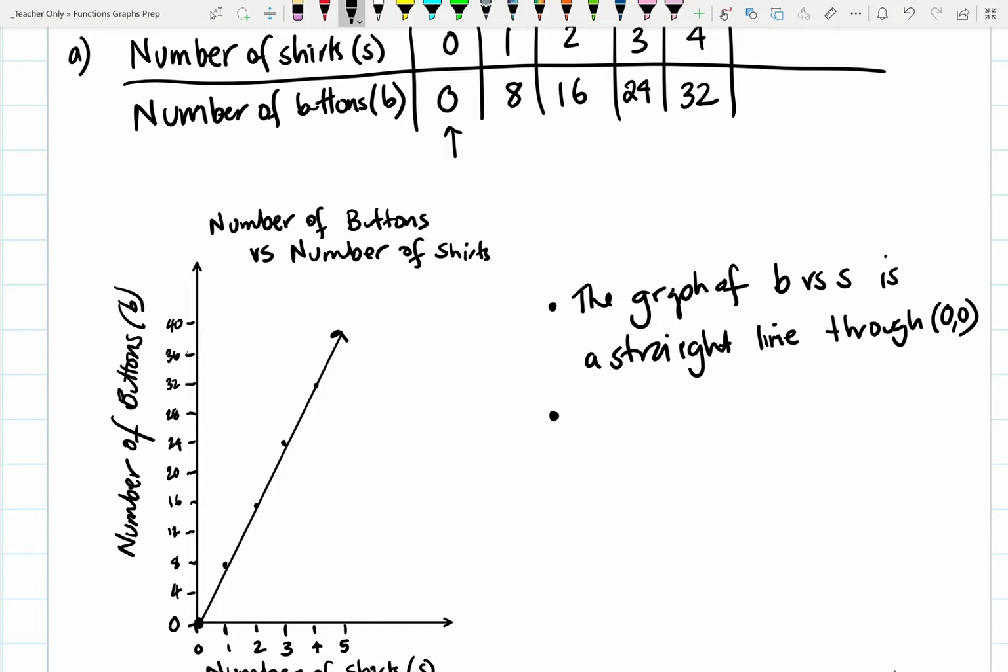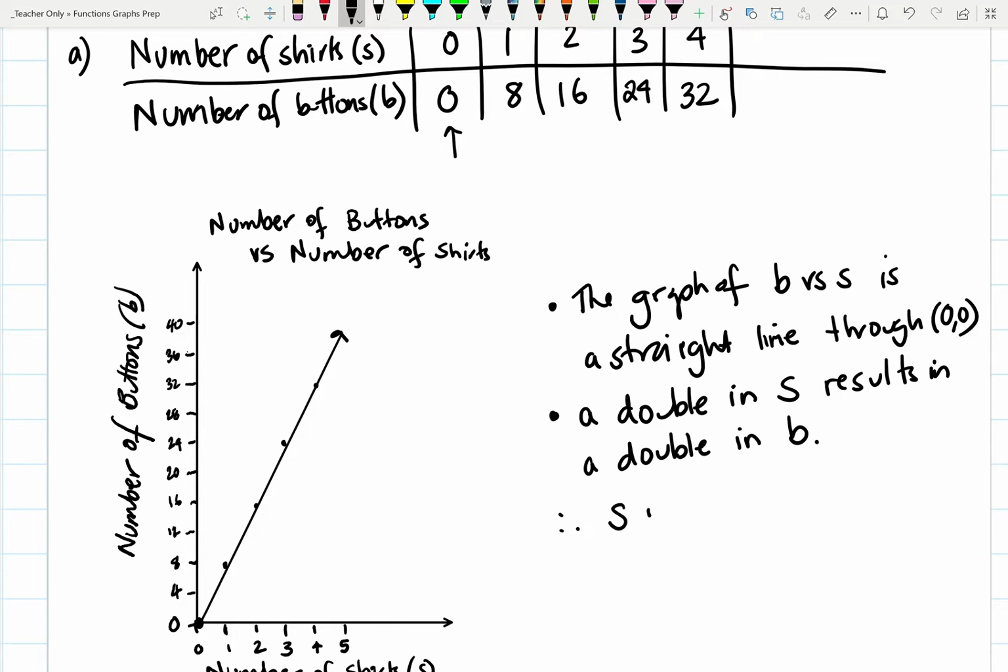Another piece of evidence is that a double in the number of shirts results in a double of the number of buttons. So therefore, B is directly proportional to S.